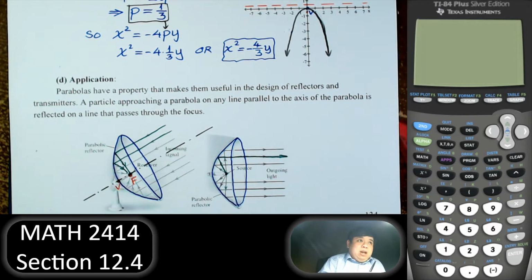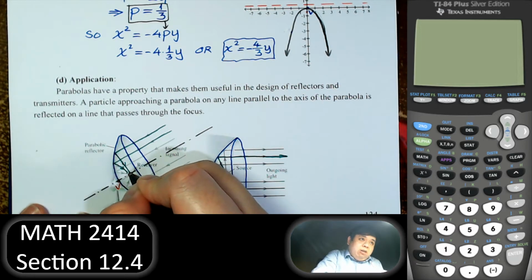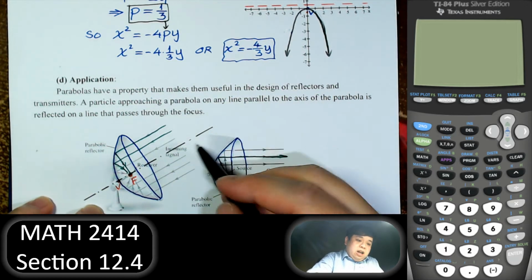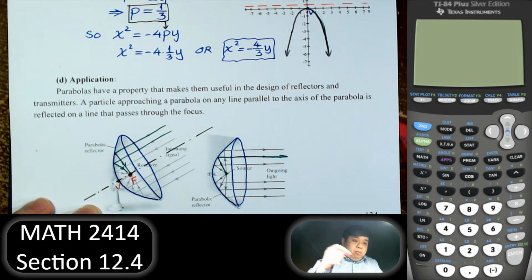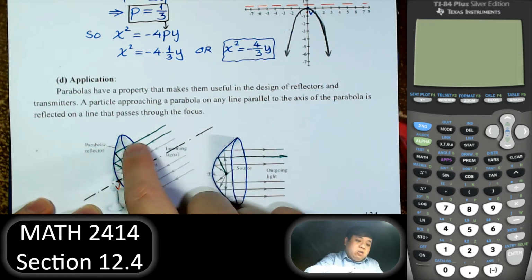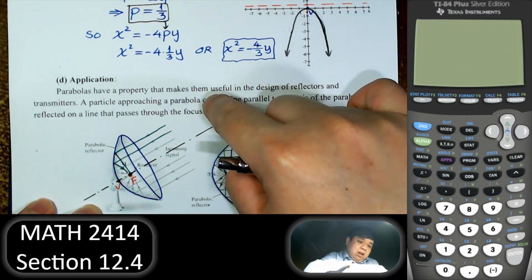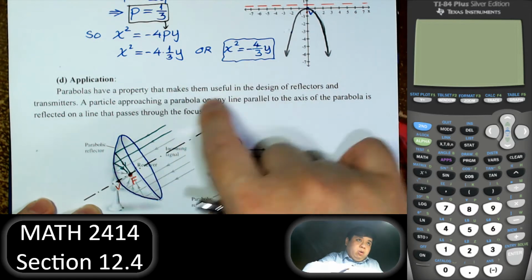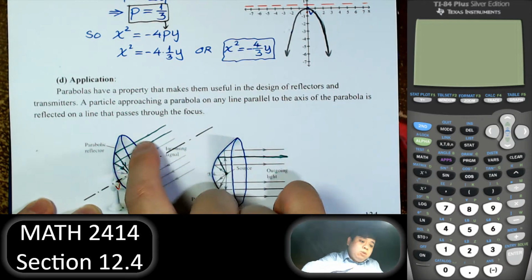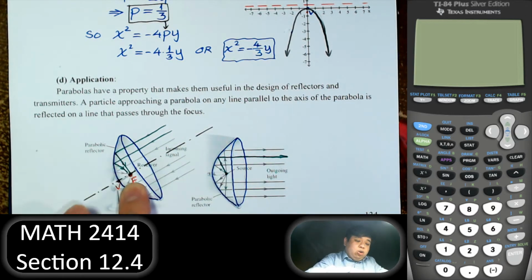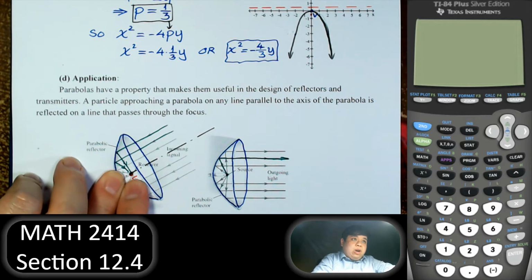An application of this is if we have the parabolic surface here and we put something that can catch fire, and you put this under the sunlight. The sunlight consists of parallel rays, and those parallel lines will hit the surface and go through the focus into that point.